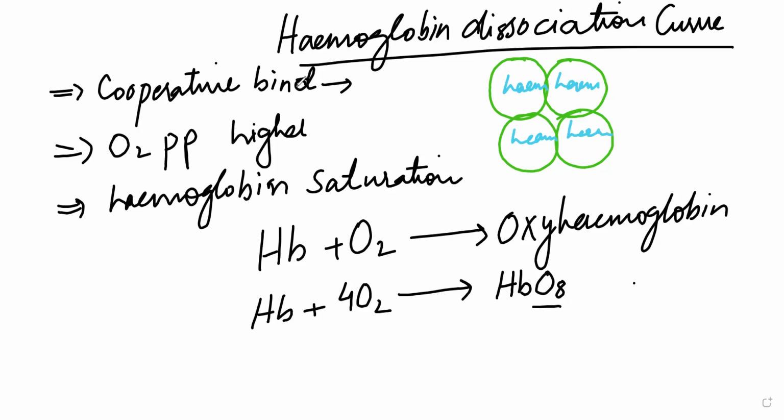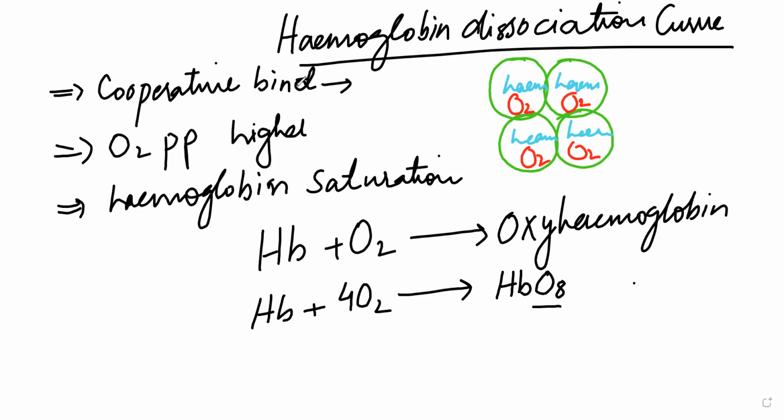So when one oxygen molecule binds with one heme group, this causes a change in the shape of the hemoglobin so that it can expose the second heme group, and it will make it easier for the oxygen molecule to bind to the heme group, right? And then the distortion takes place more, and the third molecule of oxygen binds to the third heme group, and then the fourth molecule.